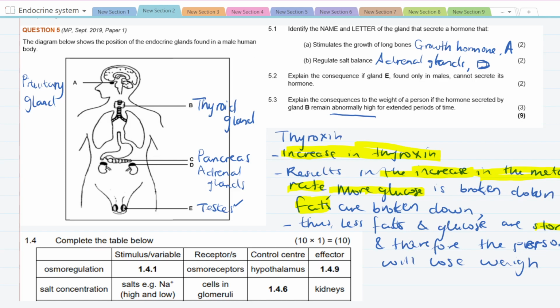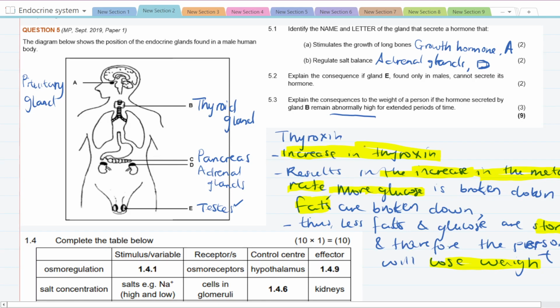So the storage of fats and glucose is not going to take place, and therefore that person is going to lose weight. So that's what they are asking us to explain. And the cause, of course, whenever you are explaining, you must have a cause and effect.